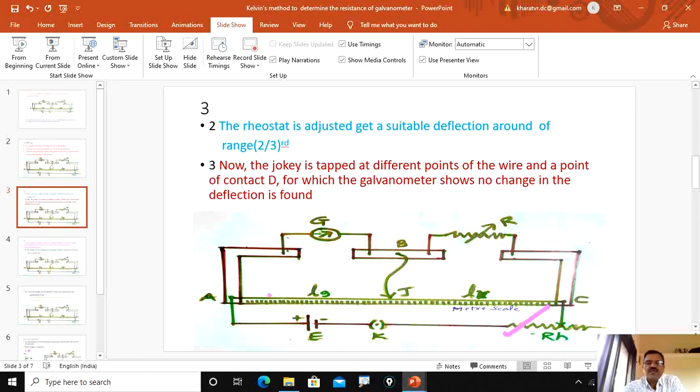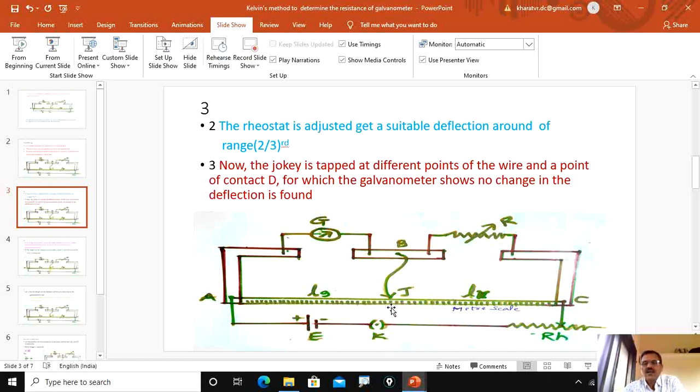This jockey is touched to different points on this wire AC, and a point of contact like D, for which this galvanometer shows the same deflection as before, is determined.